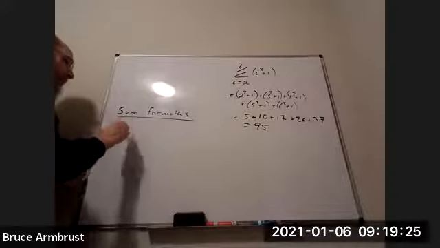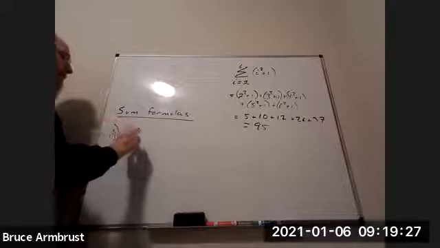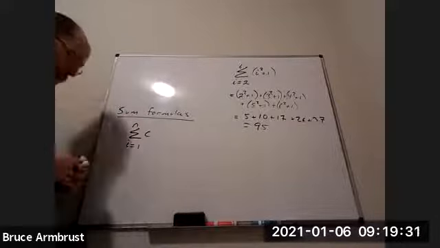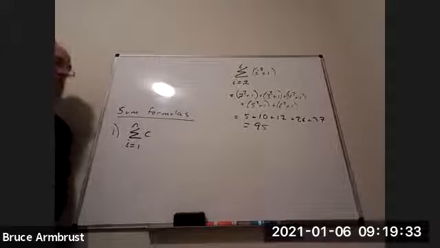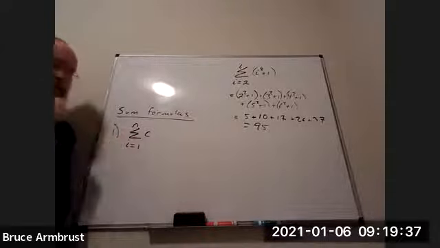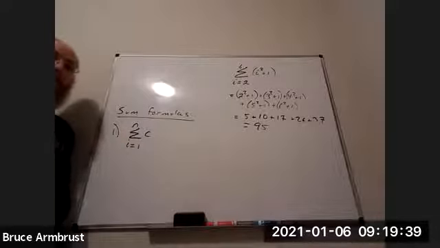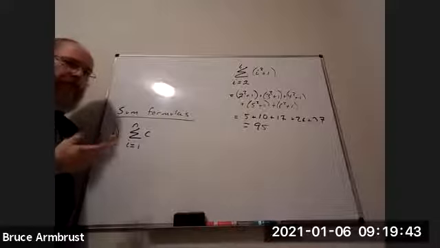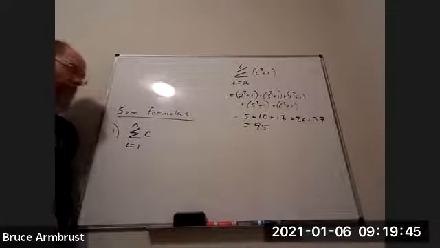Okay, so the first one is this. What do you get if you add up a constant? So this C is a constant, right? It's like 4, negative 13. Pick your favorite constant.